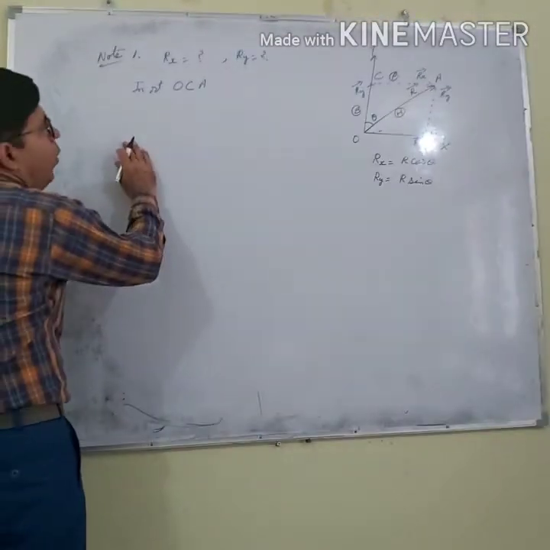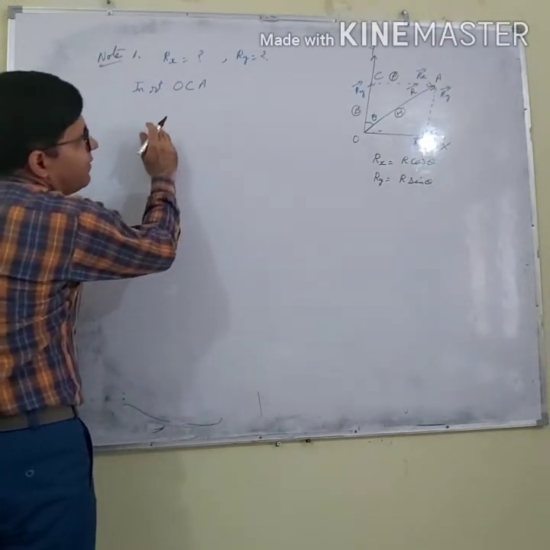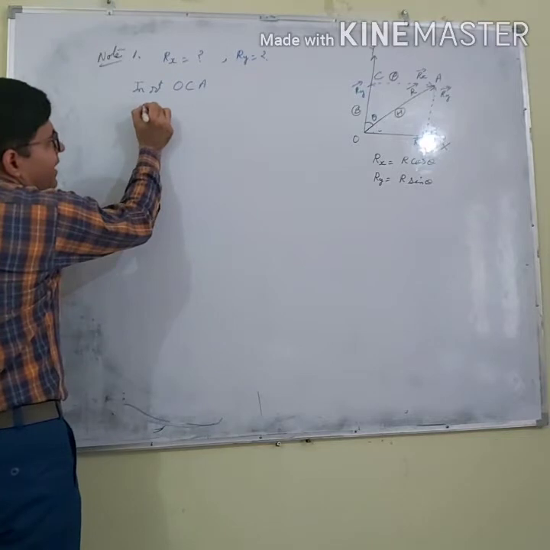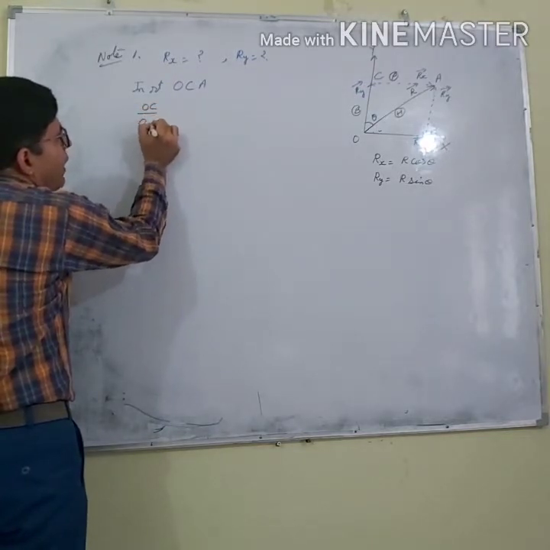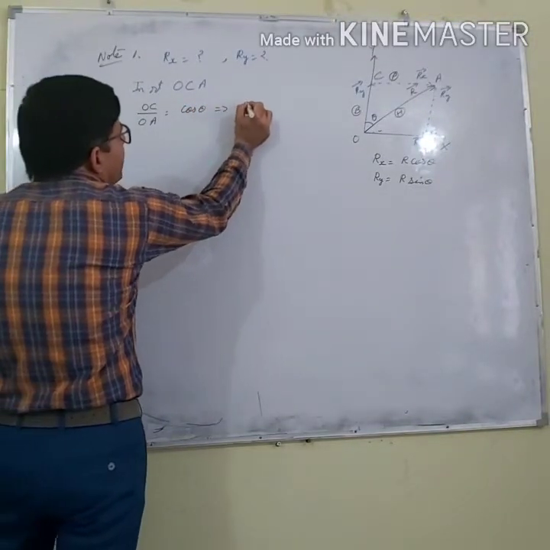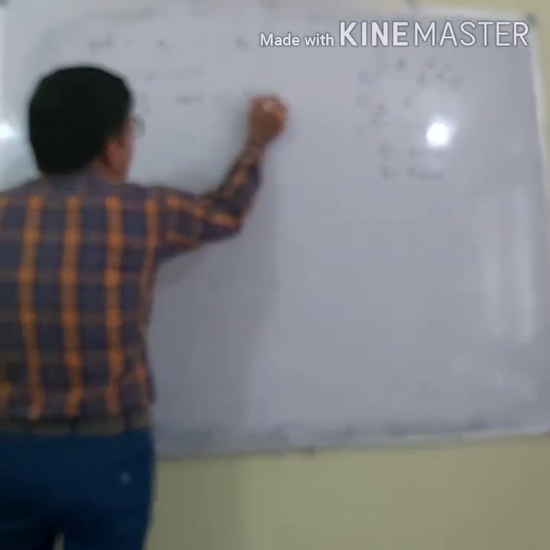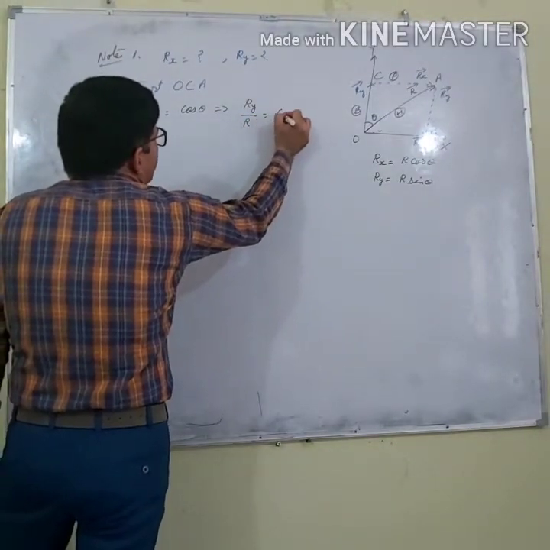In triangle OCA, what can I say? I can say that OC upon OA equals cos theta. What is OC? OC is Ry. And what is OA? R. It equals cos theta.